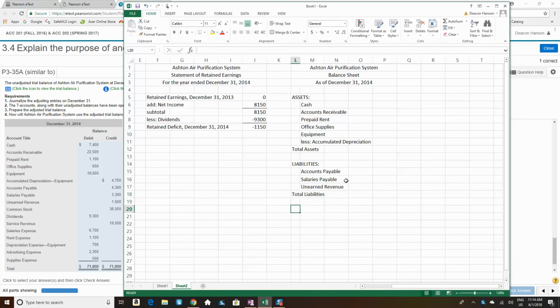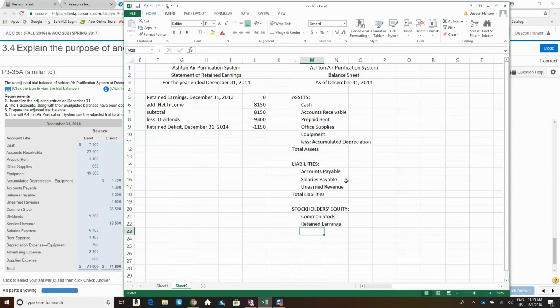Okay, and then you would have what's called stockholders equity. And in stockholders equity, you would have two things: common stock and retained earnings.